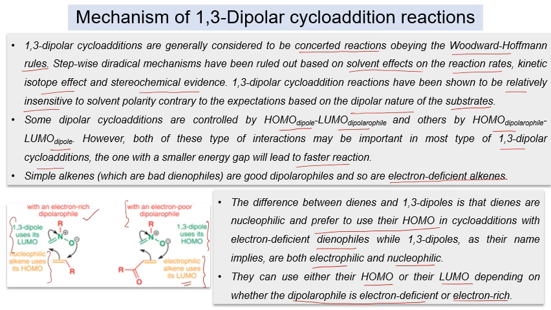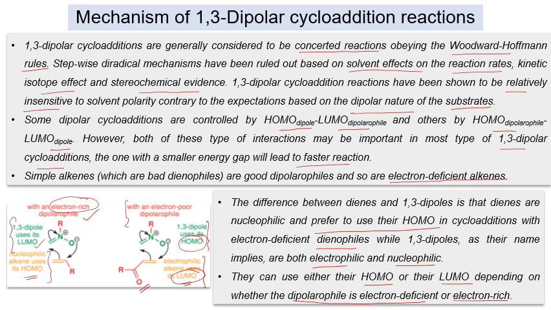Okay, so with electron-rich dipolarophiles, the alkene will use its HOMO, forcing the 1,3-dipole to use its LUMO. On the other hand, if the alkene is electron deficient, obviously it will use its LUMO, forcing the 1,3-dipole to use its HOMO.